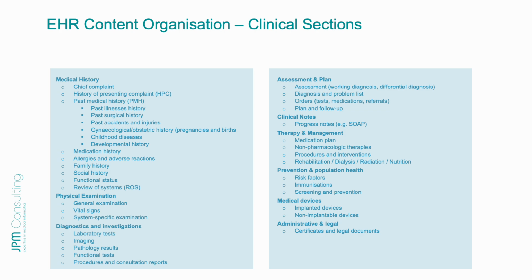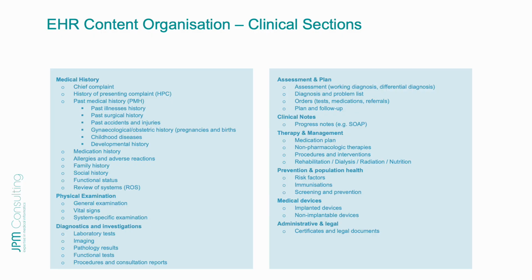How can information be organized? A common first step is to organize the record into clinical sections. These are familiar headings from clinical training. They match how clinicians think, read, and document in daily practice.